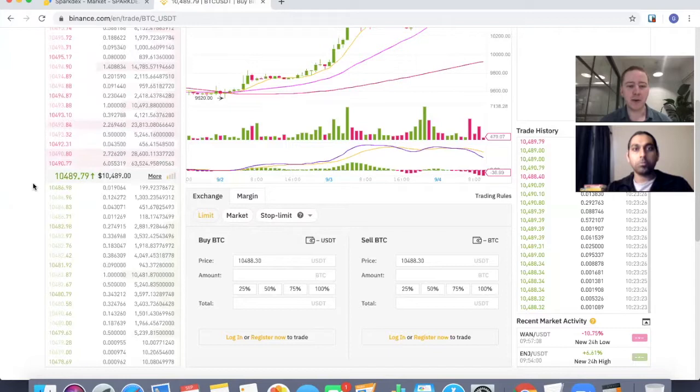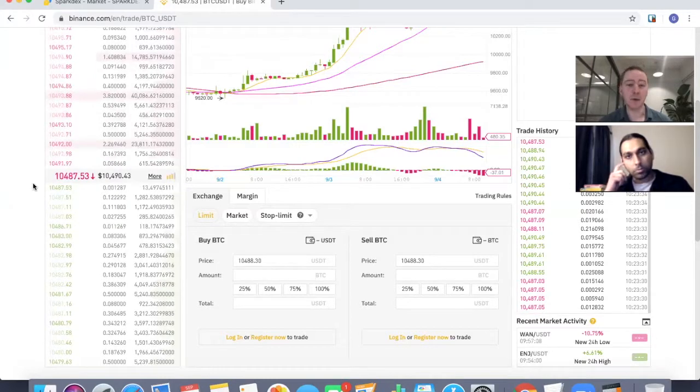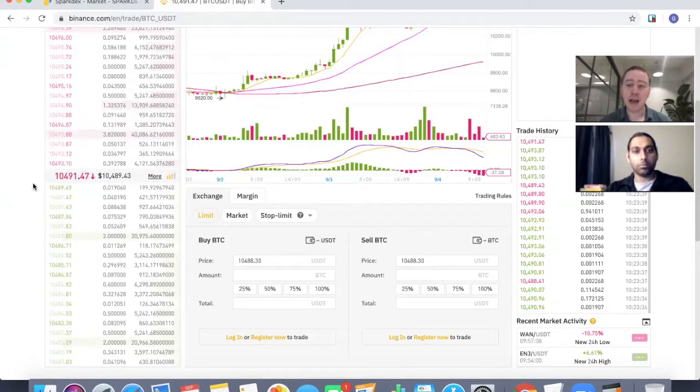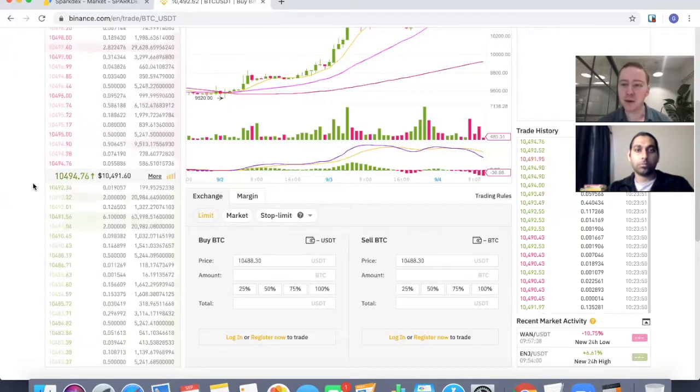So if there is a big 10% pump like there was yesterday in the Bitcoin price, or the day before, we went from something like 9,500 up to 10,500. That happens on the larger exchanges first, and it takes time for the smaller ones to react. And that's where the opportunities are, because if the price on the smaller ones is still at, say, 9,500, and the bigger ones are at 10,500, well, that's a really good opportunity there.